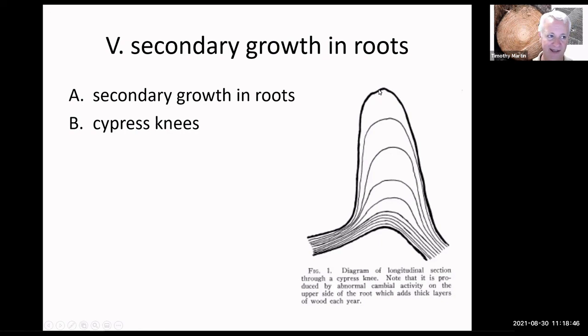There's no apical meristem here. This is the vascular cambium right underneath the bark of this root, and exaggerated growth of the vascular cambium in that one region produces cypress knees. So those are not dormant buds in the roots that form cypress knees. It's the action of the vascular cambium. That's an important point to make.